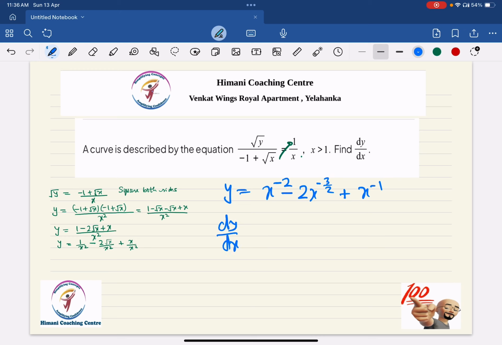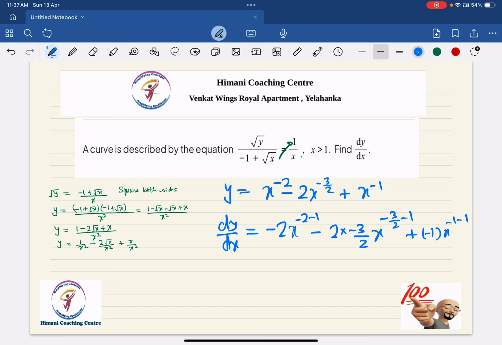So let us find dy by dx. n in the first case is minus 2, so minus 2 x to the power minus 2 minus 1, then minus 2 times minus 3 by 2 x to the power minus 3 by 2 minus 1, plus minus 1 x to the power minus 1 minus 1. I'm simply using the formula.